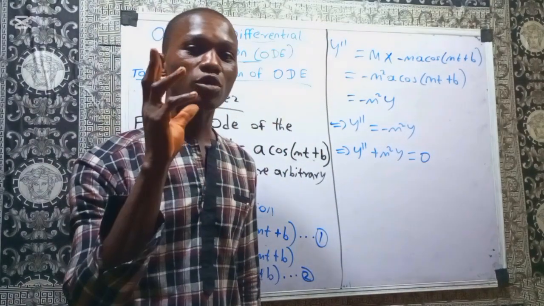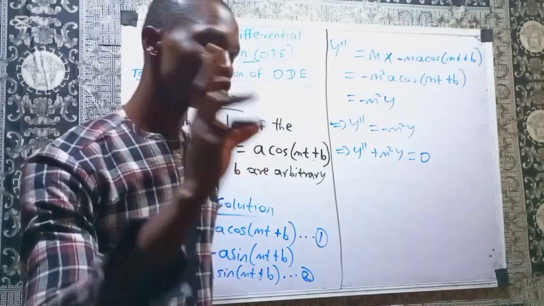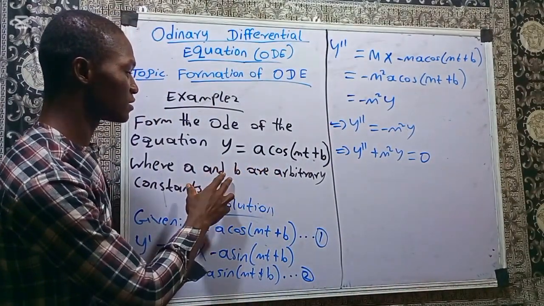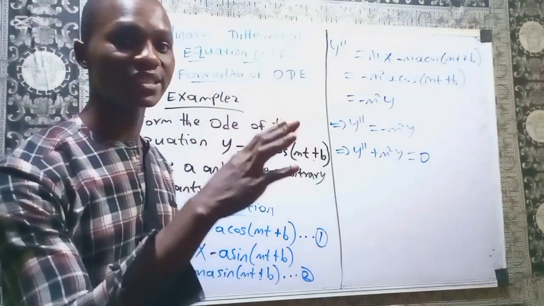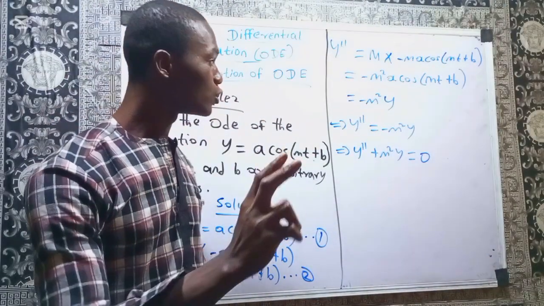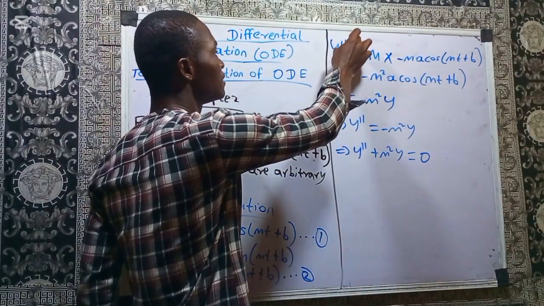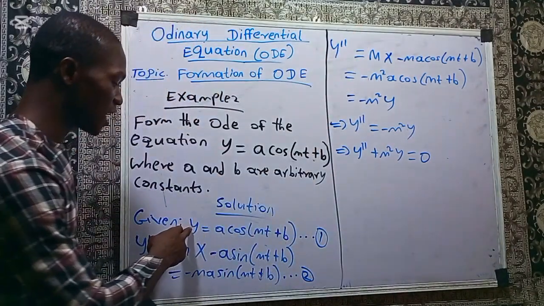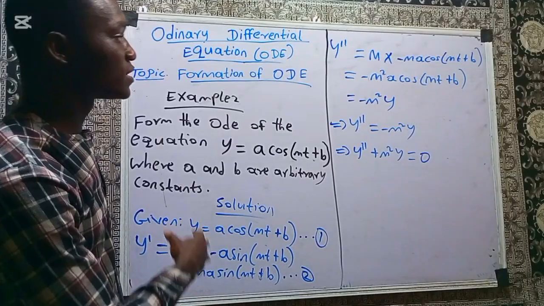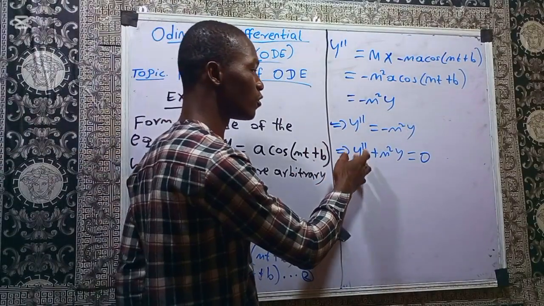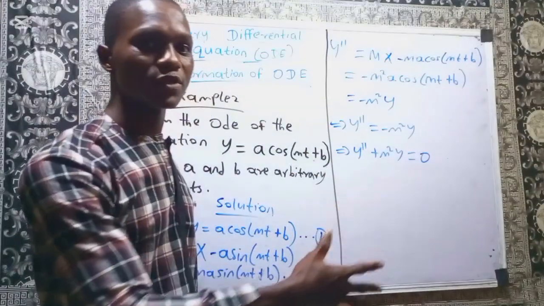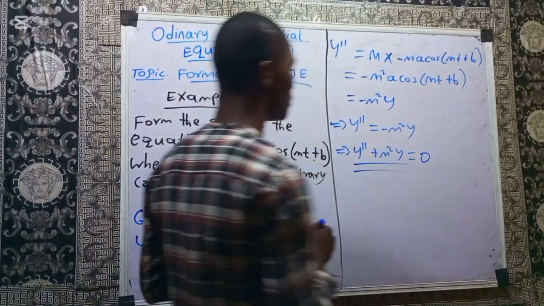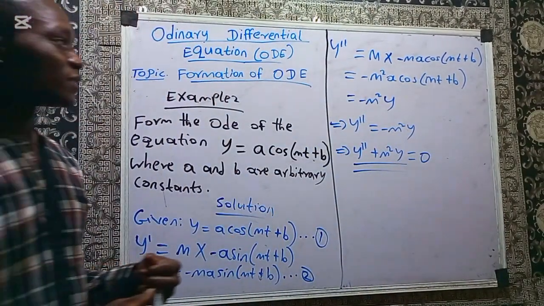We are looking for an ODE of order 2, because we have 2 arbitrary constants. And by relating this second derivative and the original equation, we got an ODE of order 2, right? So we have gotten the required ODE.